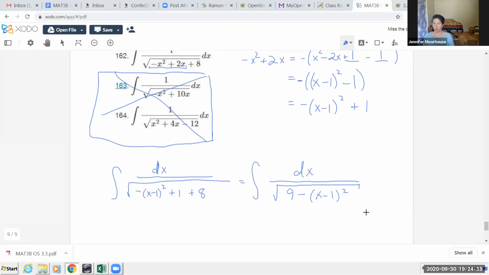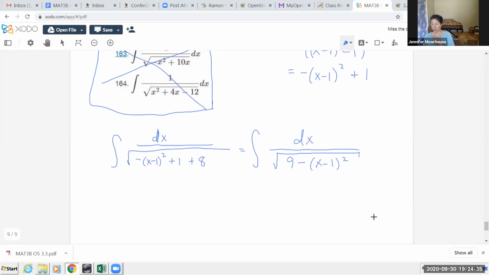And now you can make the trig substitution. You want x minus 1 squared to end up being your 9 sine squared.